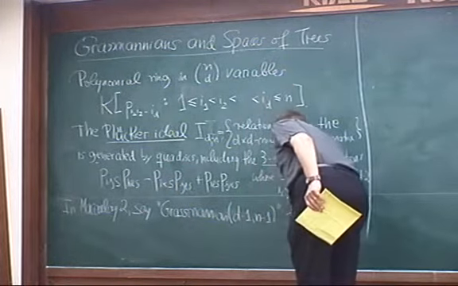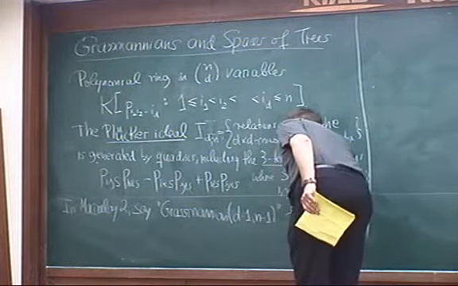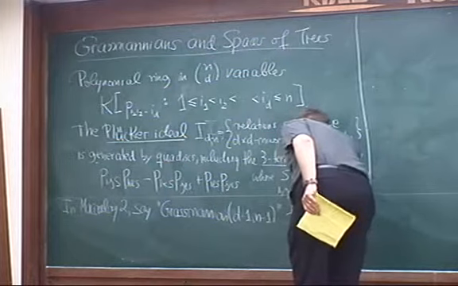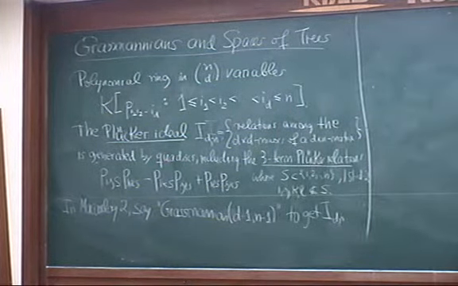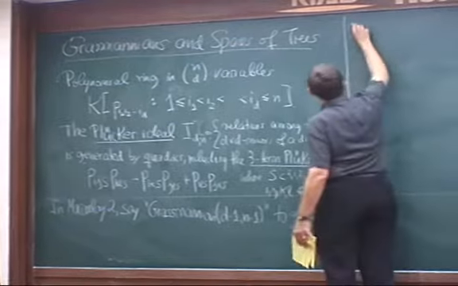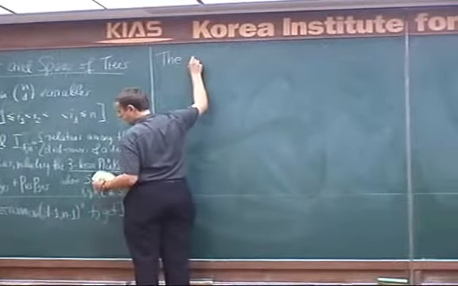If you type that and hit return, you get a list of quadratic generators for this ideal, including the three-term Plücker relations plus some extra relations.